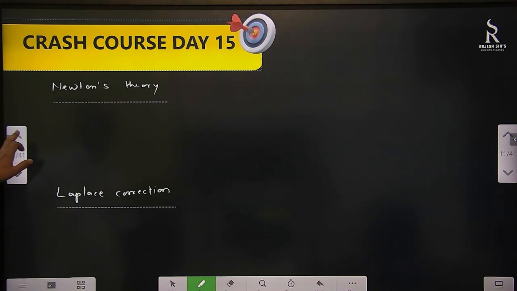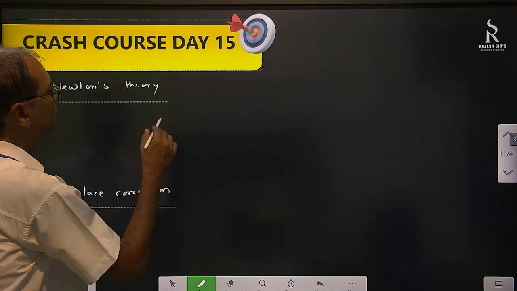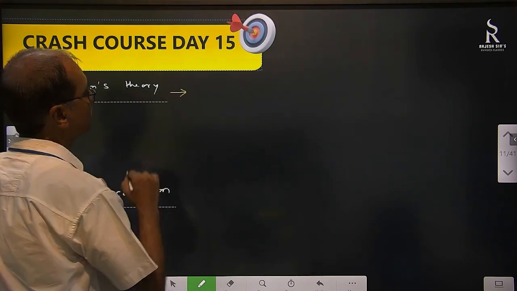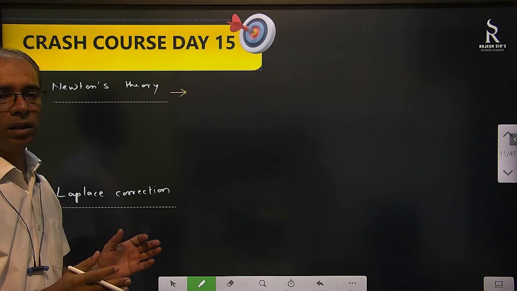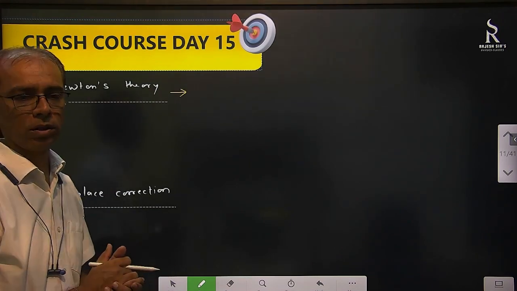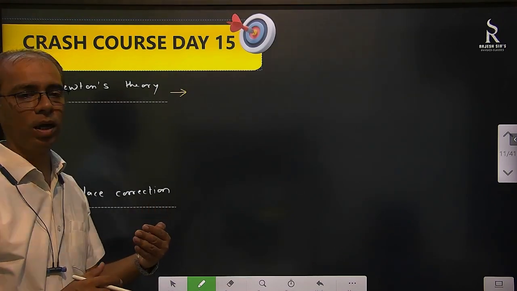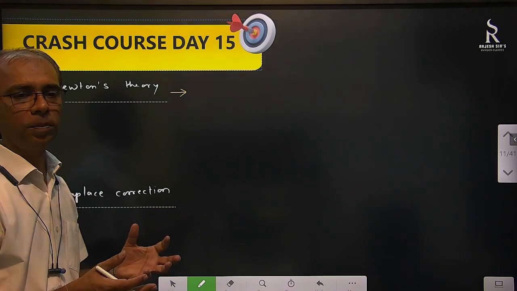Okay, fine. So now we have Newton's theory, Newton's theory related to velocity of sound. What did Newton say? Newton said that when sound passes through air, the temperature remains constant. Now when sound passes through air, it means compression and rarefaction are happening.